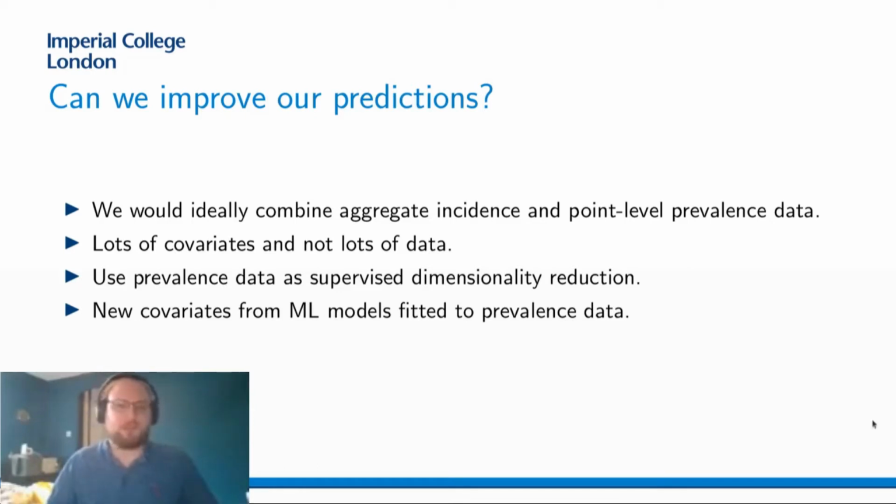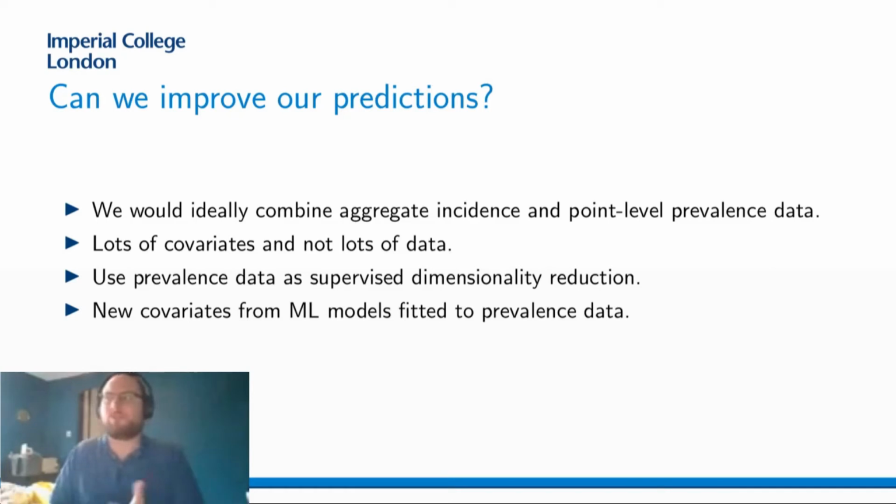One way we might think about doing this is using our prevalence data to do dimensionality reduction, but in a supervised way. So instead of doing PCA on our environmental covariates, for example, why don't we use that prevalence data to guide that process and find really informative combinations of those environmental covariates that help us predict prevalence.